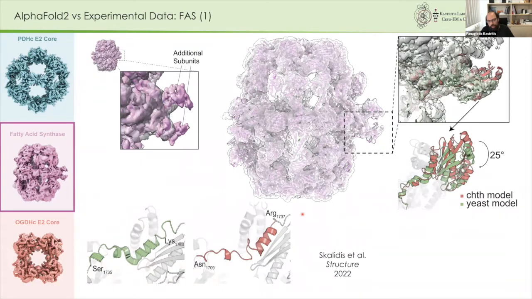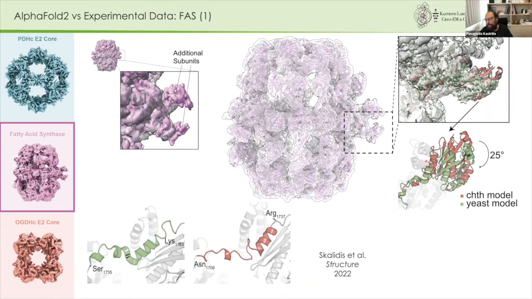molecule that we modeled with ColabFold was the fatty acid synthase from Chaetomium thermophilum. Before, when we submitted this manuscript, the tools were not available online yet, so we did homology modeling.